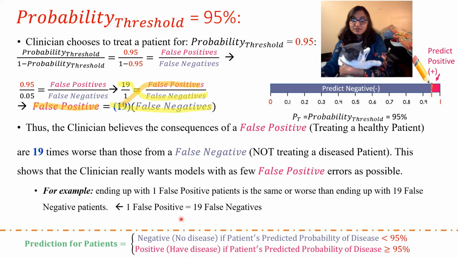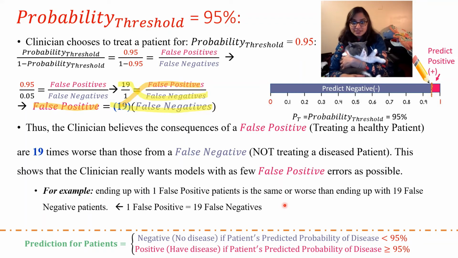That's a lot, because 1 false positive equals 19 false negatives. So unnecessarily sending 1 patient who is healthy for treatment is the same or worse than preventing 19 patients with the disease from getting treatment for it. And again, this could be that maybe getting treatment may not improve your life as much as it would for a patient who does have the disease.